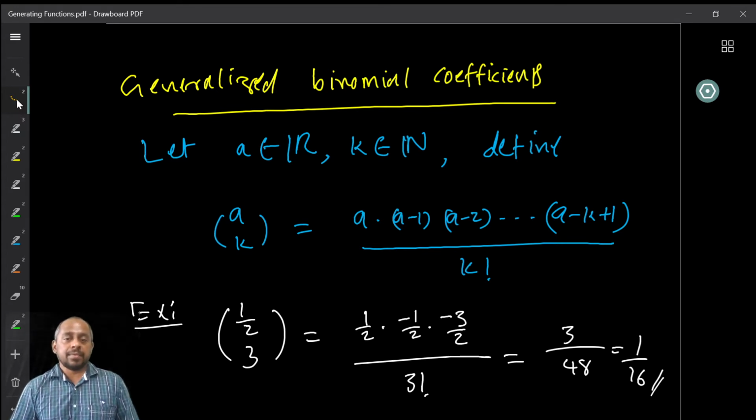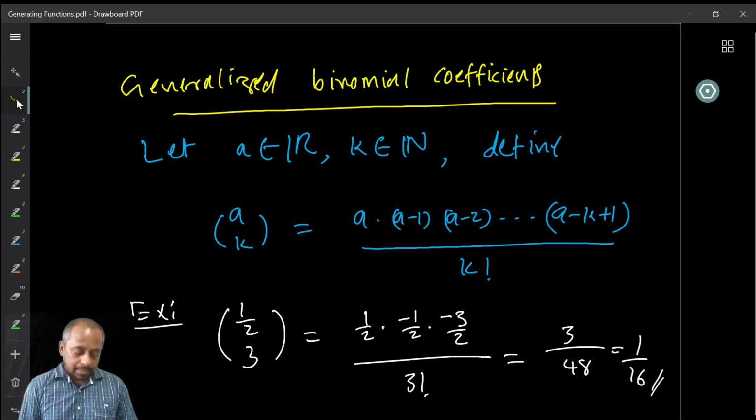Exactly like the way we defined for n. But in the case of integers, we could simplify it further. In this case, unfortunately, we cannot do that. But it will still be the case that whenever a happens to be an integer, it will reduce to the usual binomial coefficient. So now we can work with this.